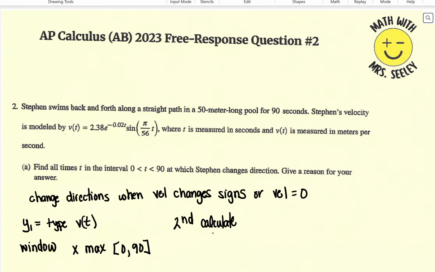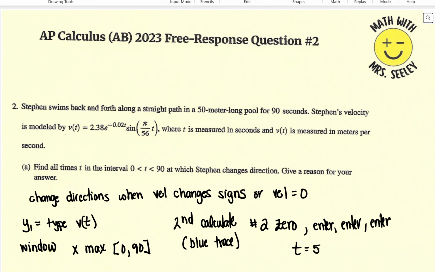Some people think of that as blue trace. So hit your blue trace button. But don't hit trace. Go to second, calculate. Option 2. That's the 0. It tells you where you're equal to 0. And then after that, it's just an enter, enter, enter. And when you do, you're going to get t is equal to 56 seconds.